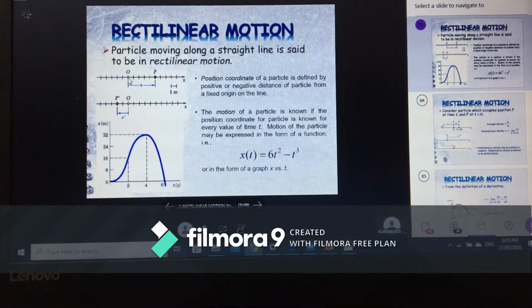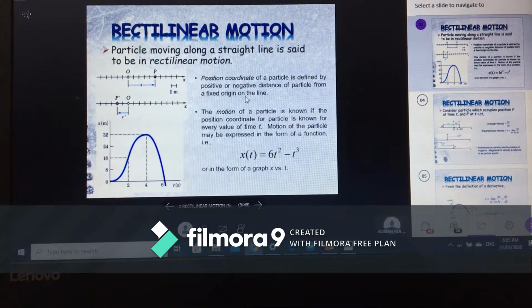That is the fixed line origin. So the particle movement could be positive or negative. It depends on which direction, no, from the fixed point. If it goes to the right from its original position, we consider this as positive, or if it goes to the left, we consider it as negative.